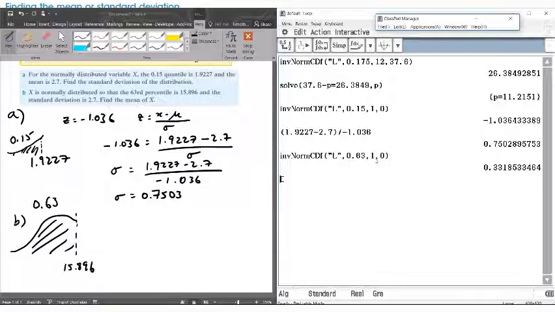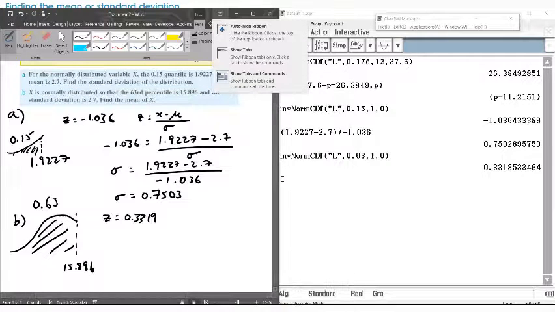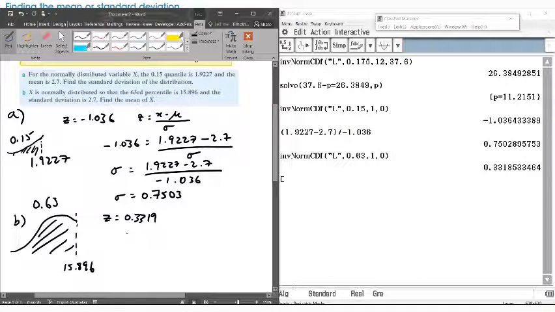So our standard score will then be equal to 0.3319. So 0.3319 is equal to our x value minus the mean over our sigma, which is 2.7.